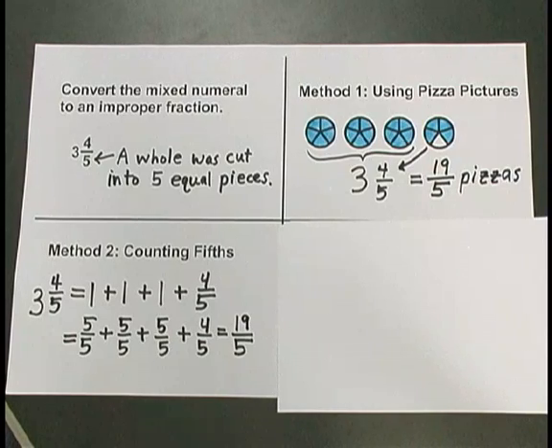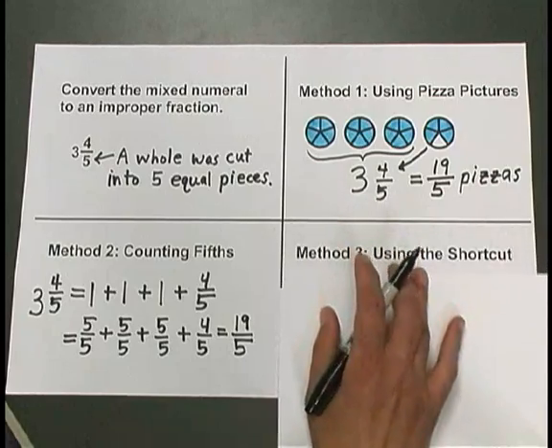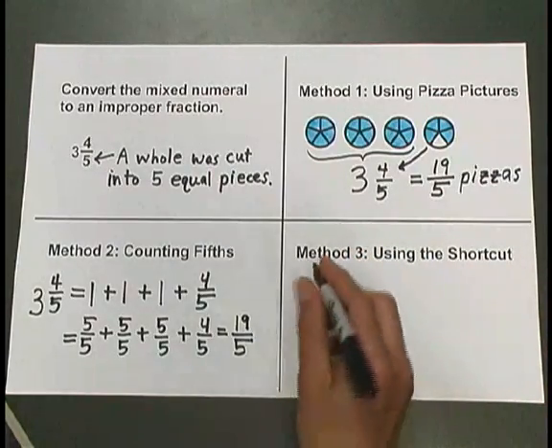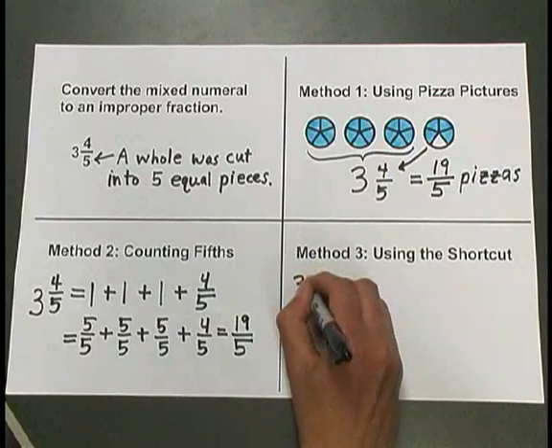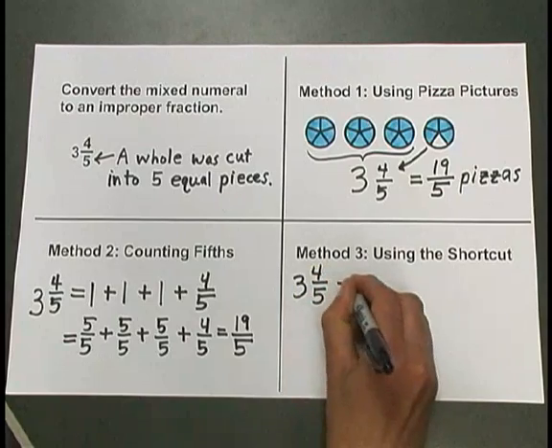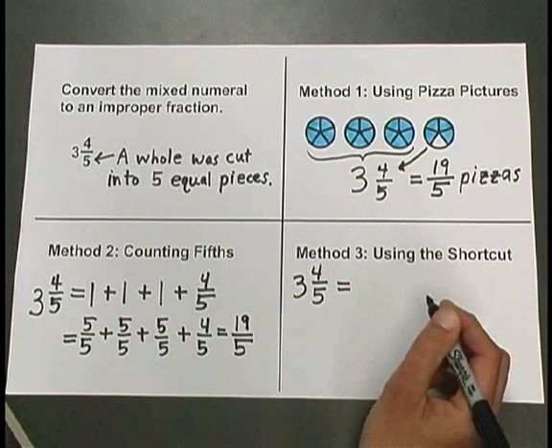Now, if the numbers get very large, method 1 and method 2 can get just too complicated to try to write out. So we need a shortcut method. I call that method 3 here. The shortcut way to convert 3 and 4/5 into an improper fraction.